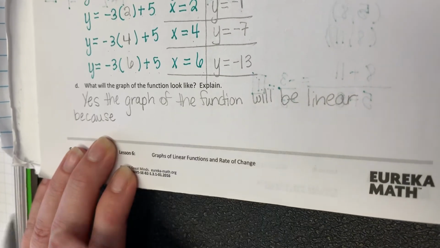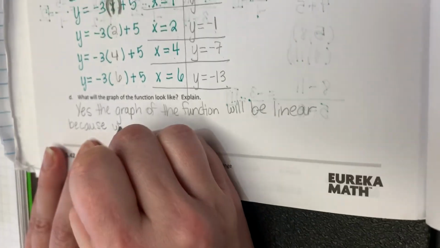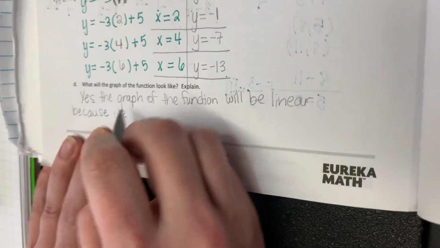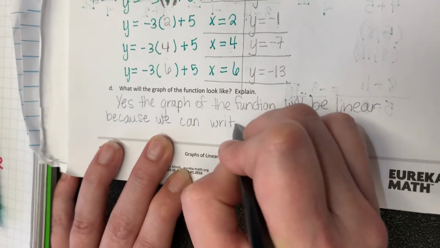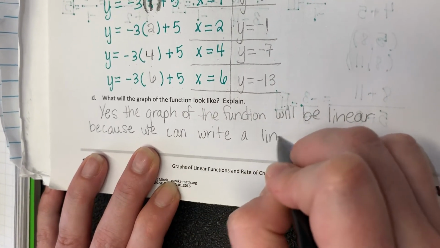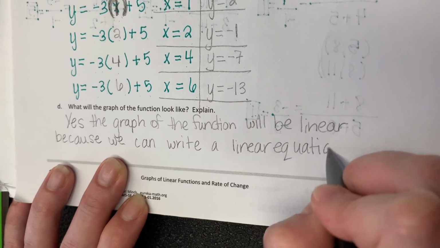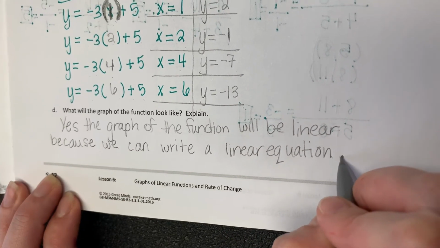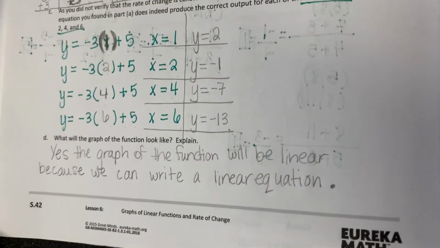Okay, what were we able to do in part B? Make an equation. Right. So the graph of the function will be linear because we can write a linear equation. So that's how you know it's going to be a line or linear.